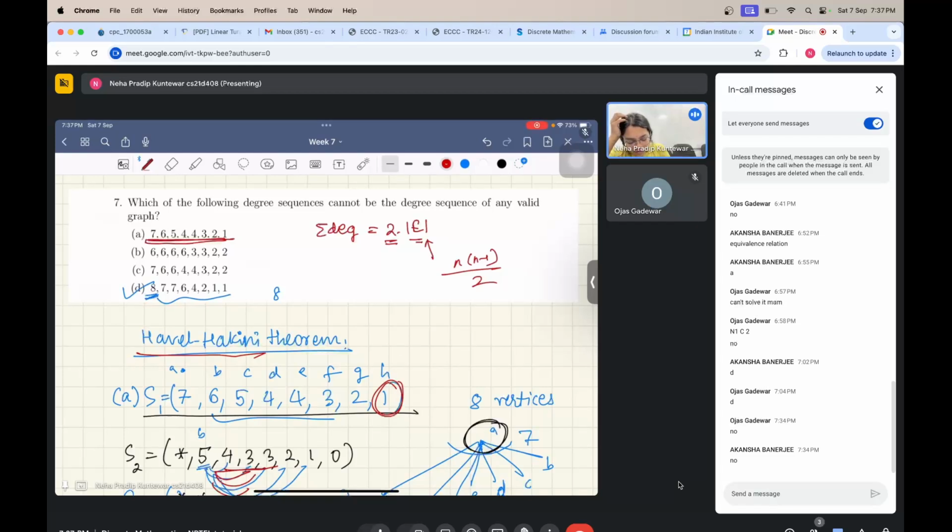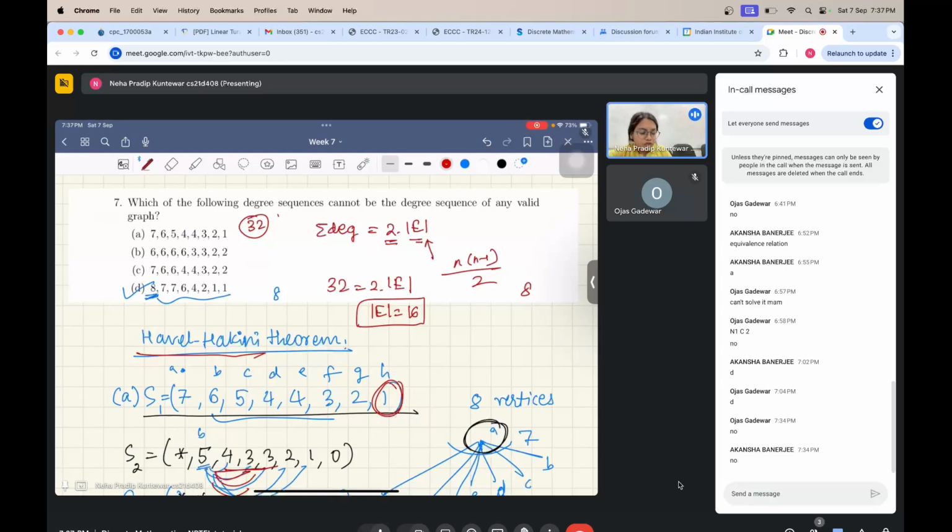You can help me out here. 10 plus 10 plus 10 plus... Ma'am, 32. So this is 32, and what we're saying is 32 is equal to 2 times the number of edges. Therefore the number of edges here is 16, and the number of vertices that you have is 8.